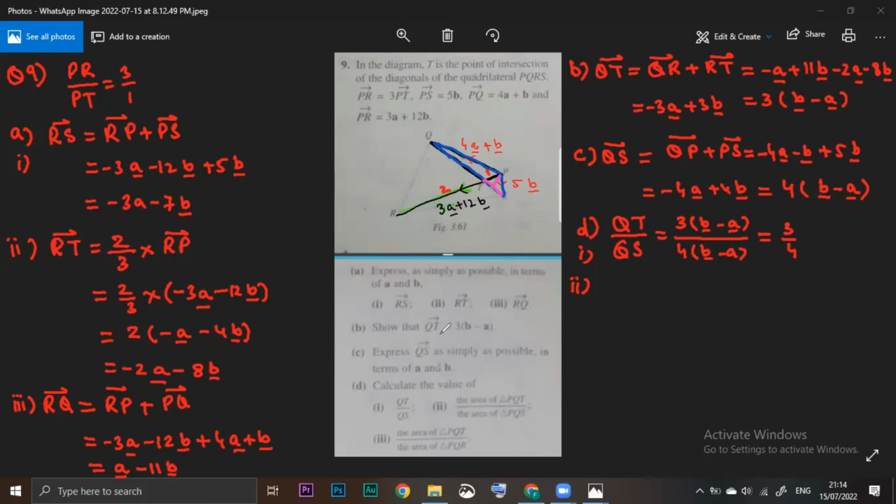Now you can see that both the triangles have the same height and the bases are parallel. Now we will use this.